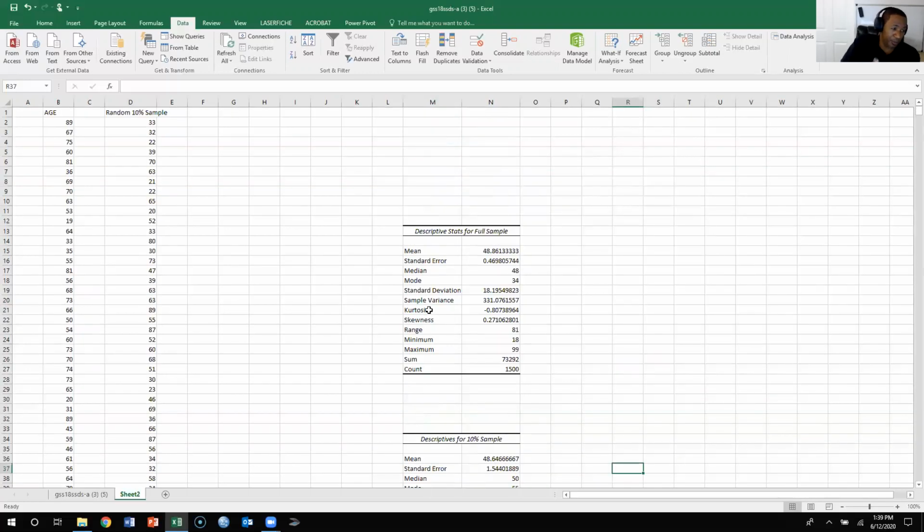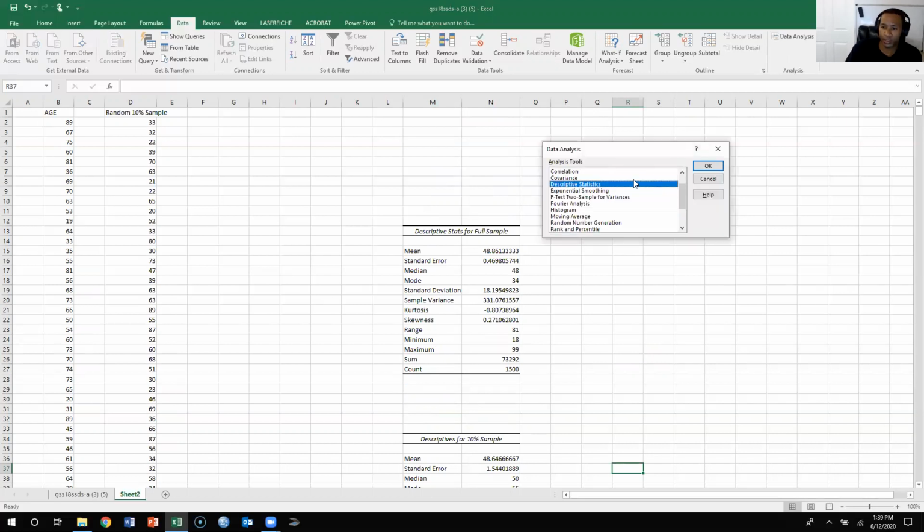Now we could also do this if we wanted 25% of the sample, right? So what would you do to get the N for 25% sample? You take 1,500, you multiply it by 0.25, and you should get 375. So if I wanted to do this, let's just say I wanted to sample again.